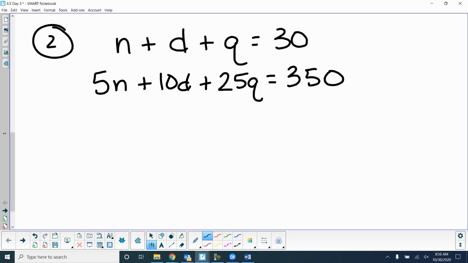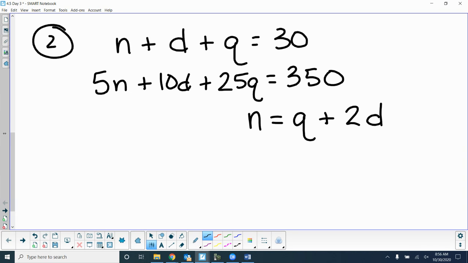The number of nickels equals, it says the number of nickels is equal to the number of quarters plus twice the number of dimes. Isn't that what it said? Can't you guys write that as you read it? Yeah. You guys can do that, can't you?